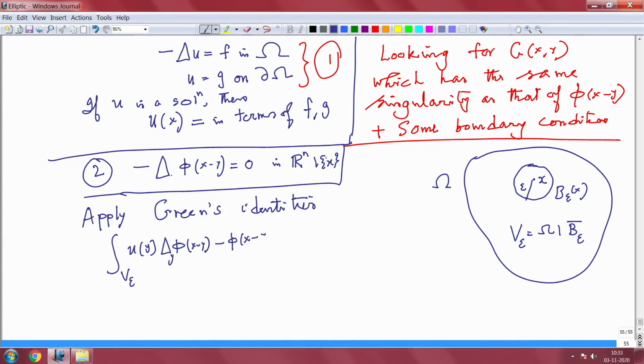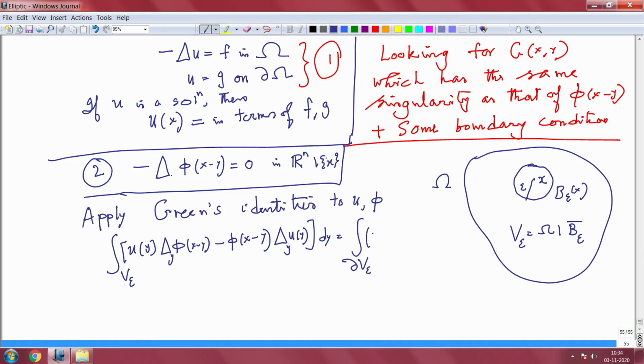I am applying Green's identity to u and phi. This is then equal, by Green's identity, to an integral over the boundary of V epsilon, not the boundary of omega, because your domain is that one.